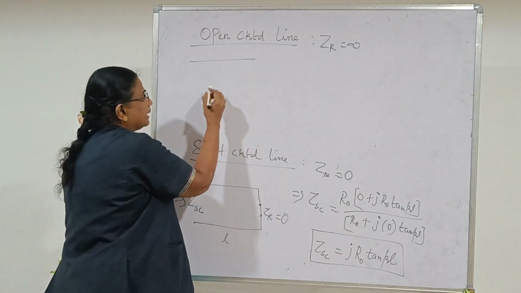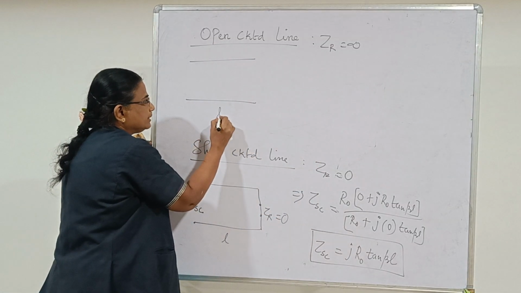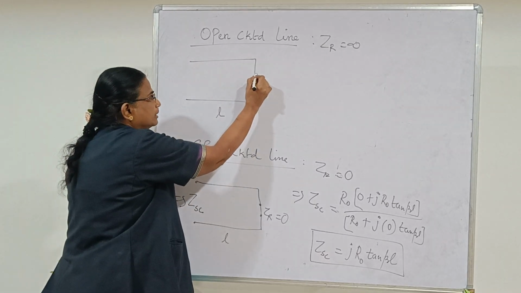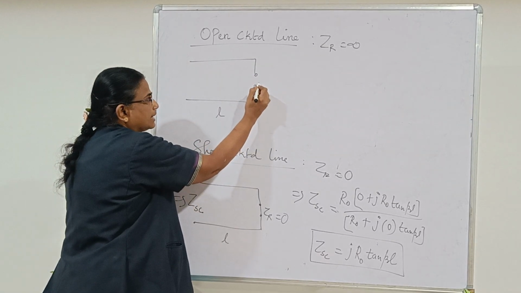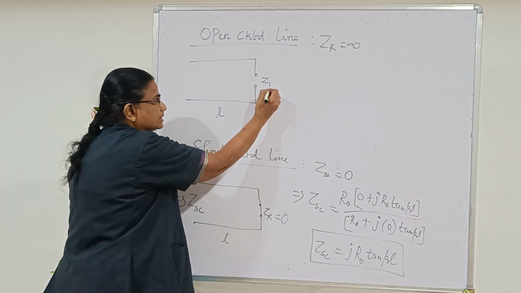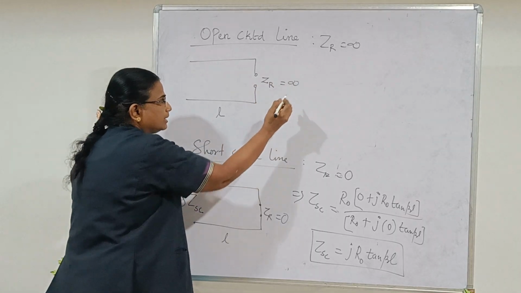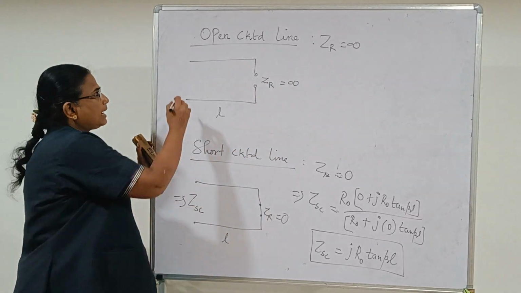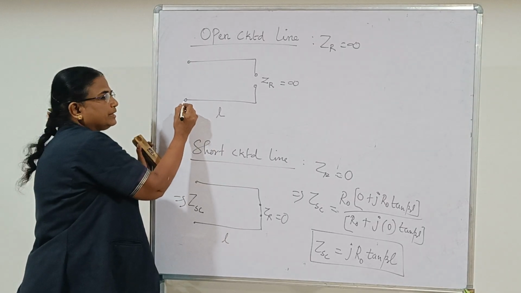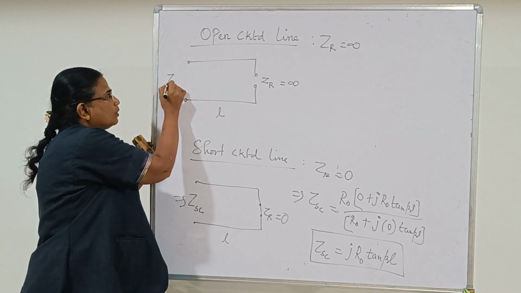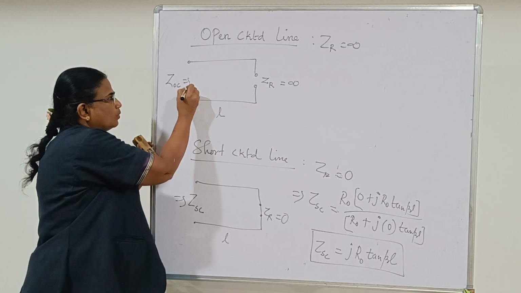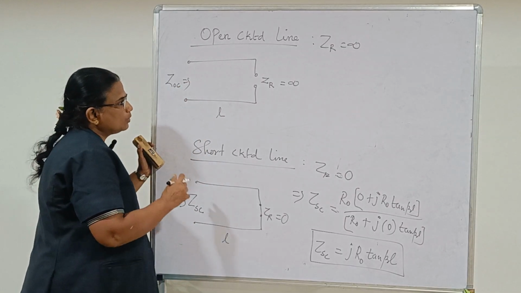Consider a finite line of length L. Here leave the terminating end as open circuit, which is ZR is very high, it is infinity, and the corresponding impedance at the sending end is now designated as ZOC. So this is ZOC.